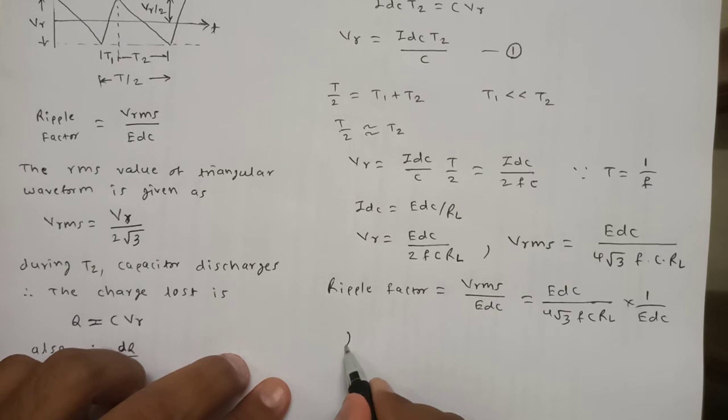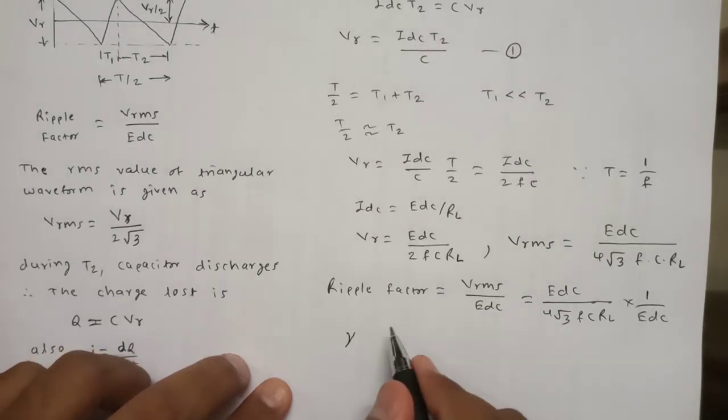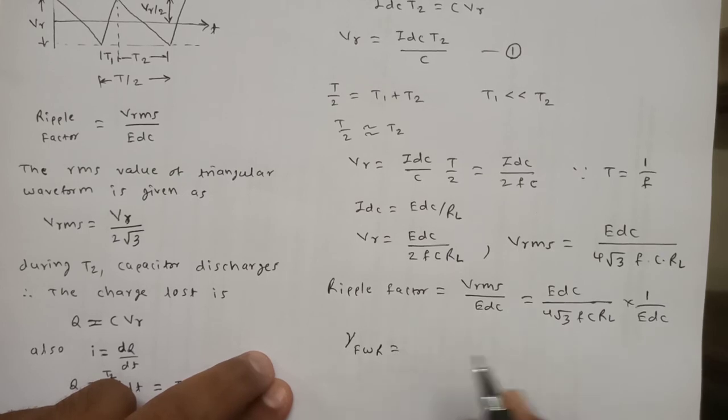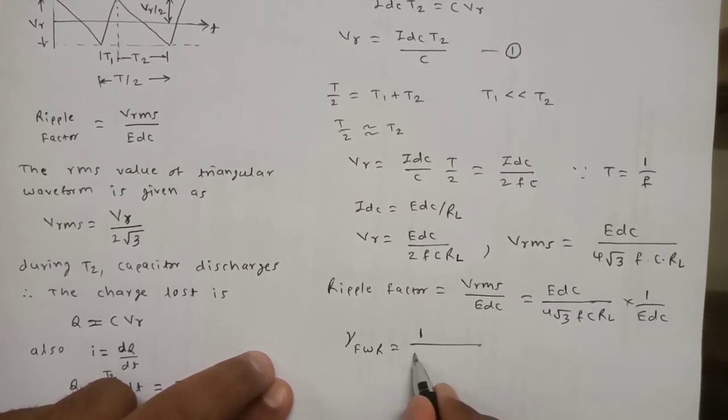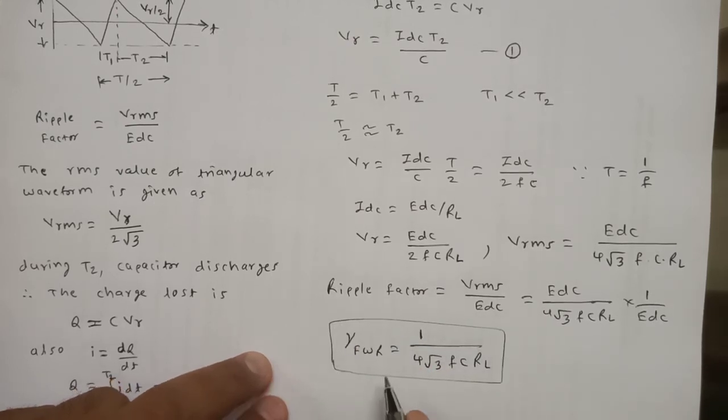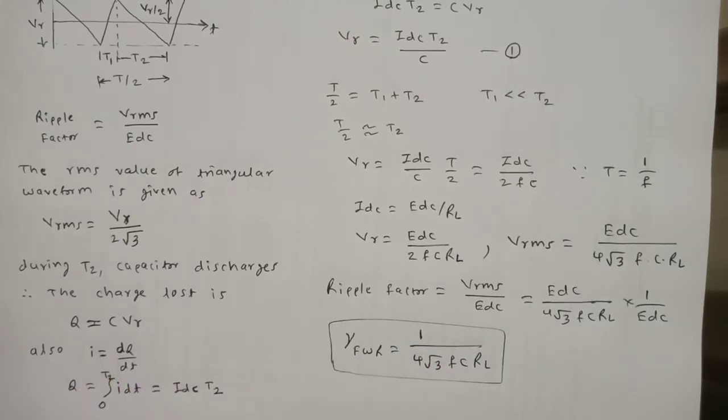The ripple factor in a full wave rectifier is equal to 1 divided by 4 under root 3 into F into C into RL.